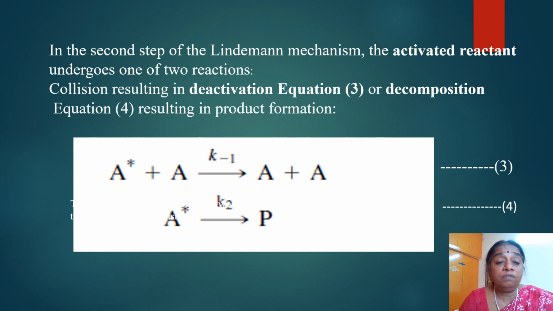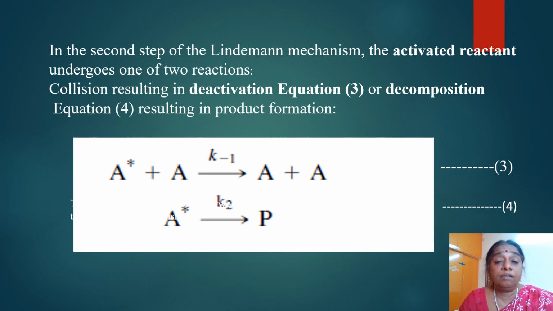Deactivation means it will lose its energy by collision with another simple reactant A of similar type, whereby both the molecules undergo collision and the energy which it acquired by bimolecular collision in the first step is transferred away from the active intermediate. So the second option is deactivation.